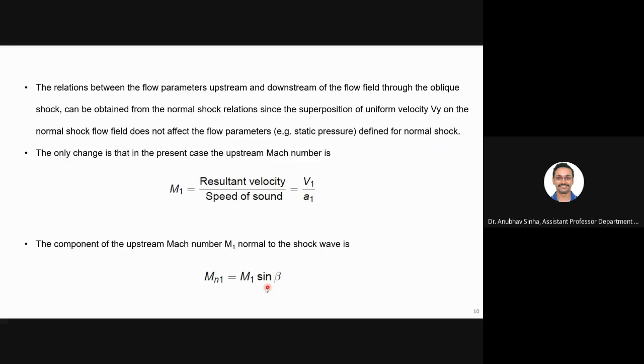In this way, instead of writing M1, I will write Mn1, which is M1 times sine beta. This is the only change we have to make to adjust normal shock relations for oblique shock relations, as we'll see in the subsequent slides.